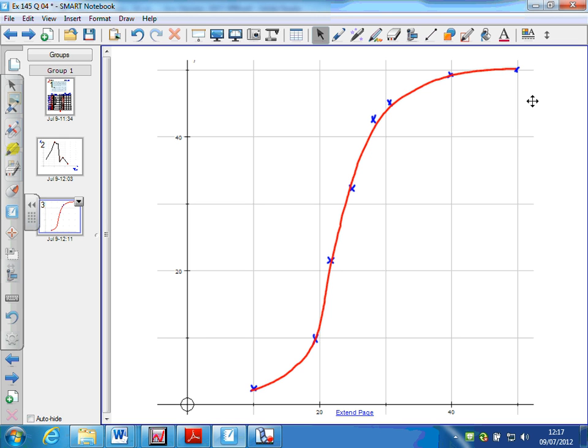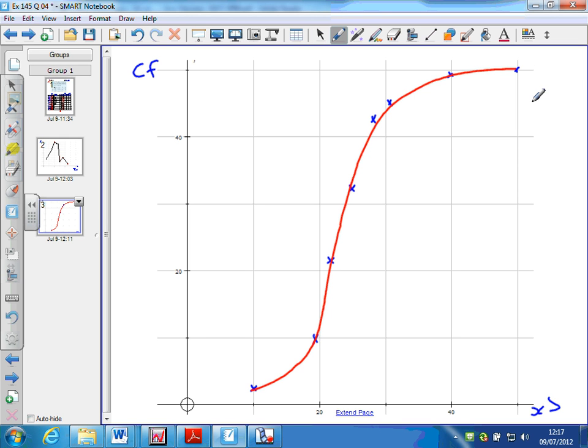So now I can use this data because I've plotted cumulative frequency against value or data point, x if you like. Then I can ask myself questions. Because I've gone up to the maximum value in the group, I can say how many pieces of data have a value of 25 or less.